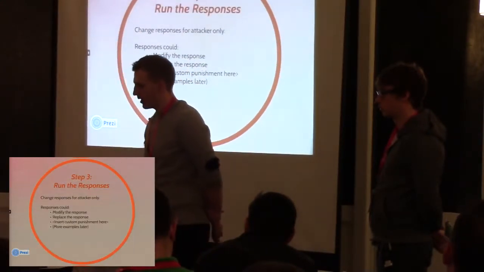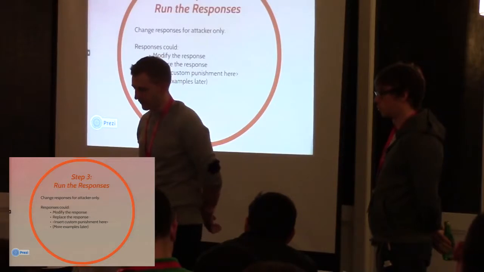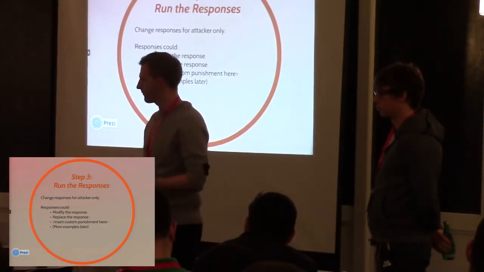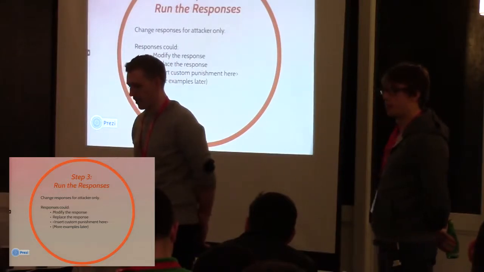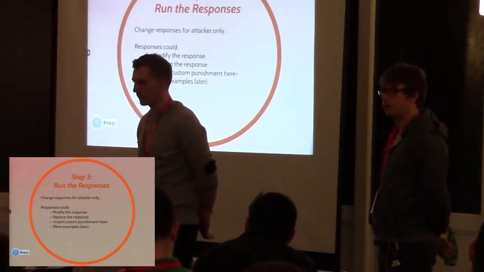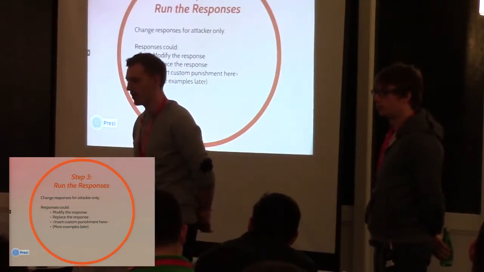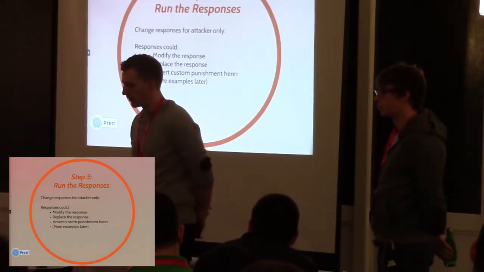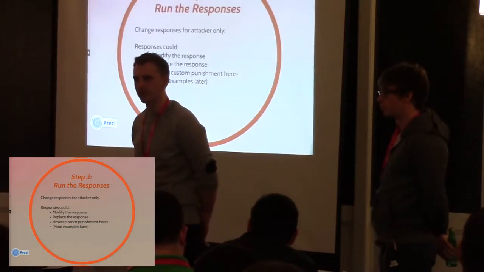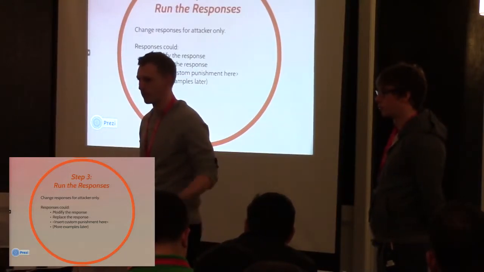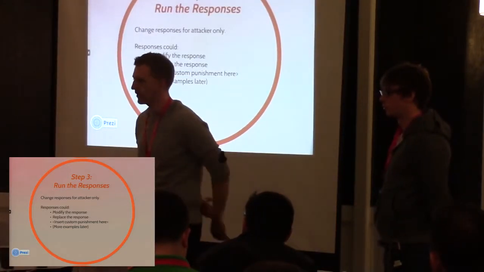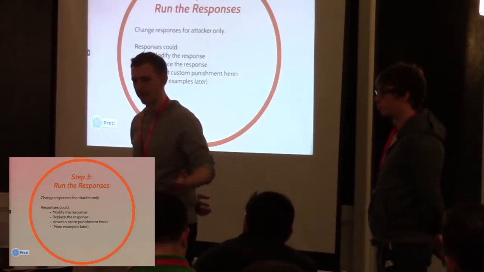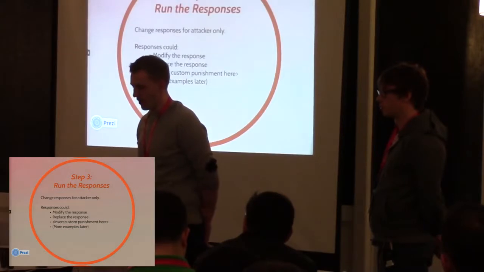Step 3 is to actually run the responses. These are optional, but essentially Ensnare allows configuring a bunch of different responses that can be run for bad users only. For example, maybe we want to modify the response that comes back. We see an attack come in, someone's trying to exploit SQL injection on our website, and instead of rendering whatever the native response would be from our application, we're going to send them a 404 message, or a 500 server error message.